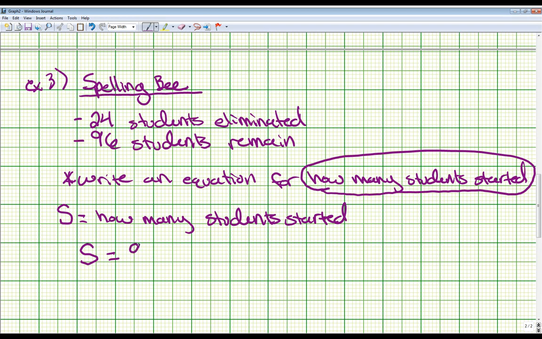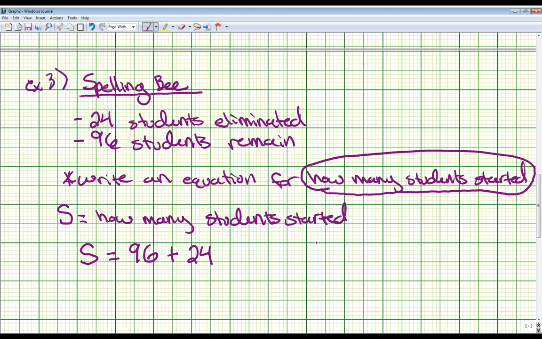So 96 remain and 24 were eliminated. If I add those two numbers together, I should end up with what was started with. So if I just put a plus sign here, that's going to give me how much started. So 96, which are remaining, plus 24, which is what we eliminated, would get us how many students started.